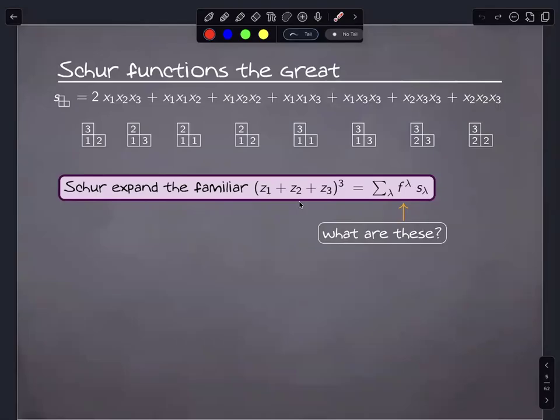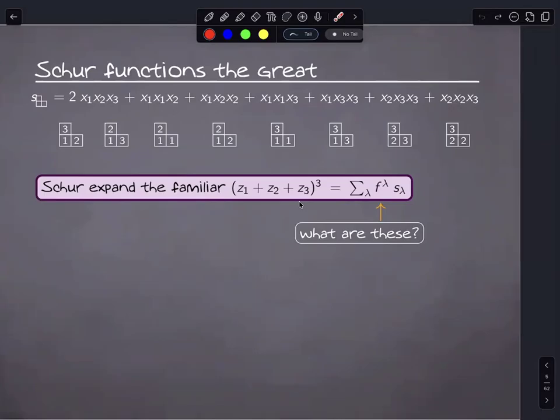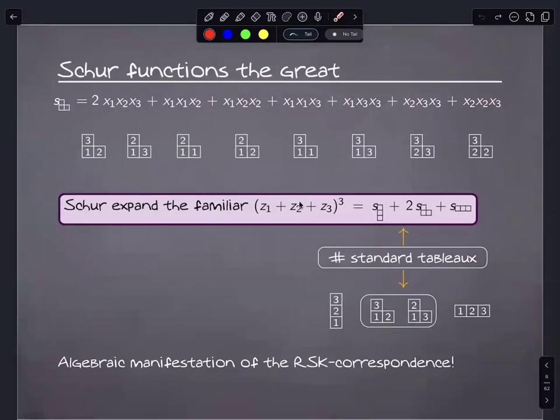And you can ask what happens if you expand that in terms of Schur functions. So you get some coefficients. And if you put that on the computer, it turns out that those coefficients actually count standard tableau. So again, you see tableau coming up in questions concerning Schur functions and symmetric functions.